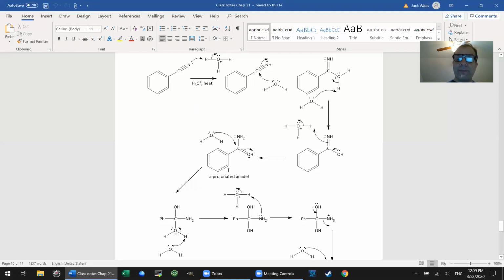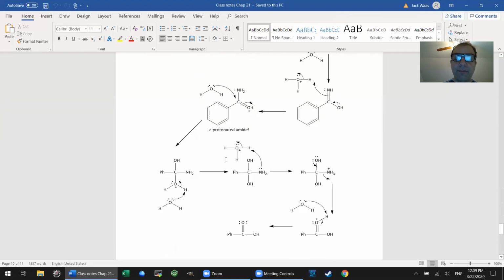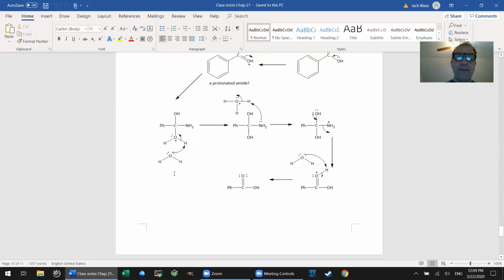hydrolysis. And so since our oxygen is protonated, we can go ahead with nucleophilic attack using a water molecule. Again, not a hydroxide ion, we're in an acidic medium. And so that gives us this intermediate. Unsurprisingly, we will now need to do a few more proton transfers. They will both be intermolecular and will be in such a way so as to avoid getting an intermediate with a +2 charge.